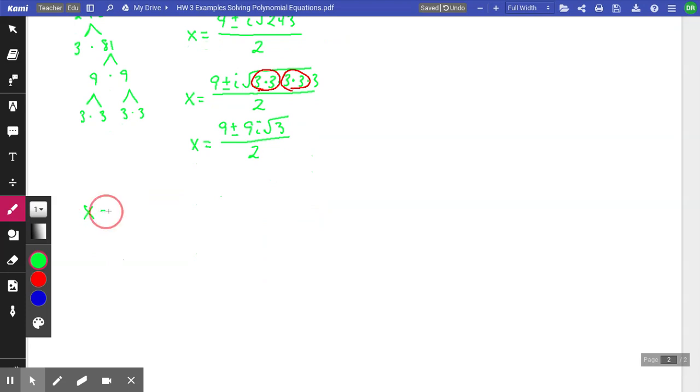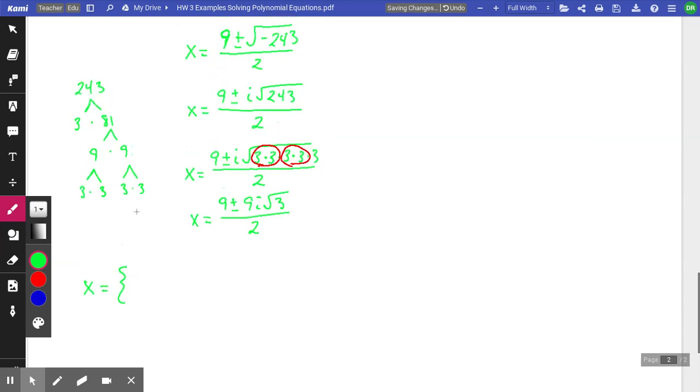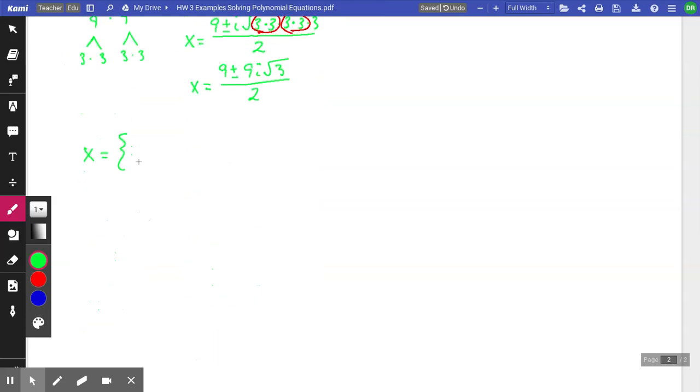And so one way we can show this is with -9. Yep, -9. I almost forgot there for a second. So -9, comma, and instead of writing these separately, we can put them together. So 9 plus or minus 9i square root of 3 over 2, recognizing that we get two answers from this, from the addition and then a second answer from the subtraction.